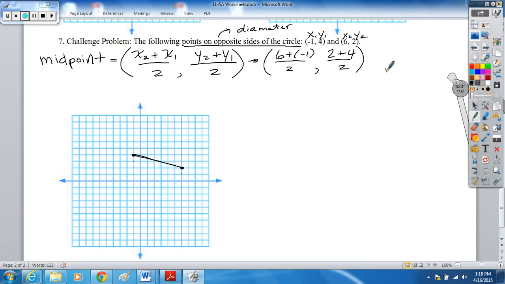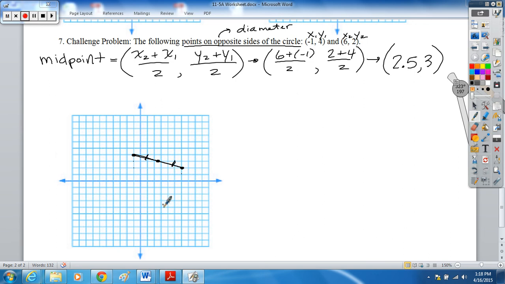And so working this out, 6 minus 1 is 5 over 2, that's 2.5. And 2 plus 4 ends up giving us 6 divided by 2, that's 3. Okay, so let's see if this matches up with our line. Over 2.5, up 3. Voila, sweet. That means that this length equals this length, radius.